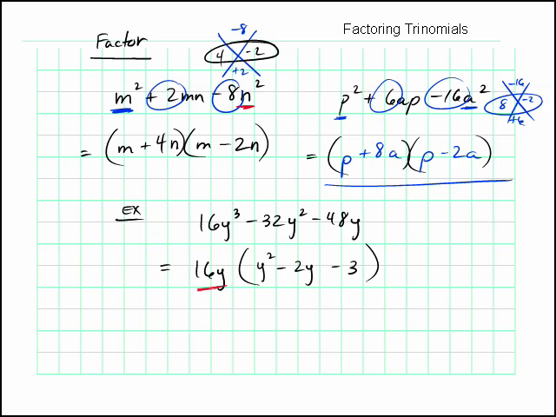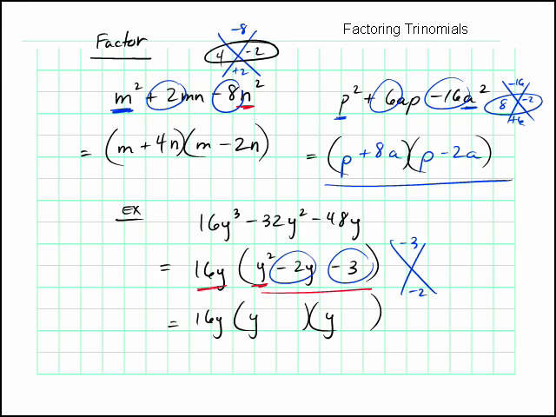There it is. Now after I factor the GCF out, I can attempt to factor the trinomial in here further. The 16y just stays in front like that. Now right here I have y squared, so that's going to be y times y. And I'm looking for two numbers that multiply to negative 3 but add up to negative 2.